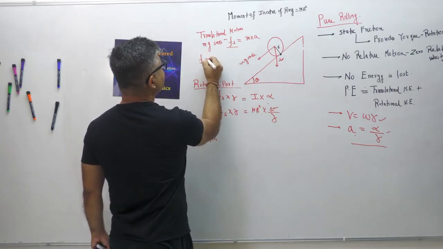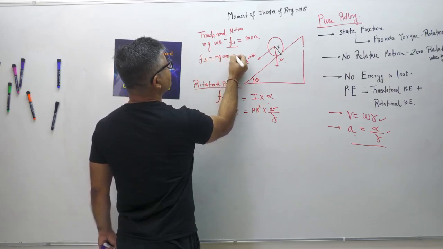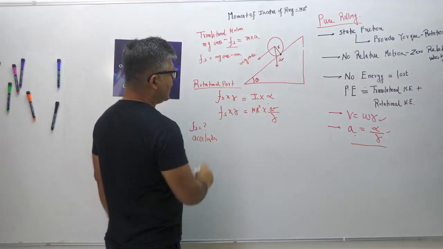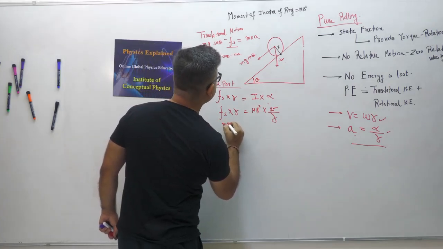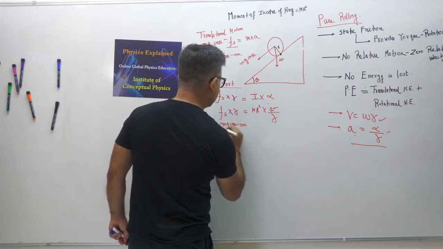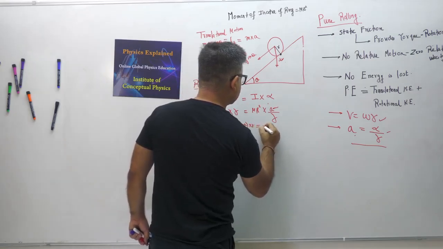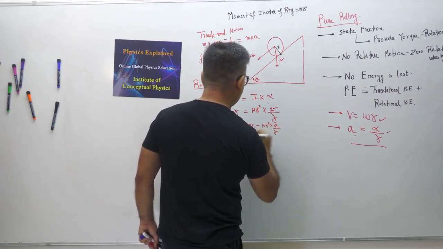So the static friction is equal to mg sine theta minus ma. I will substitute the static friction here. So mg sine theta minus ma, into r, is equal to mr squared into a by r.